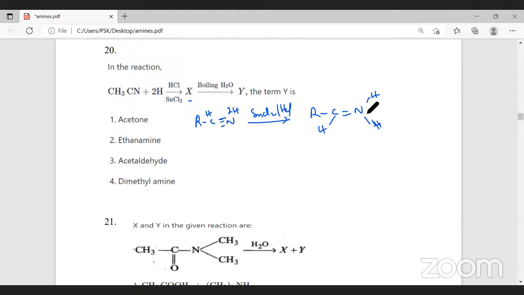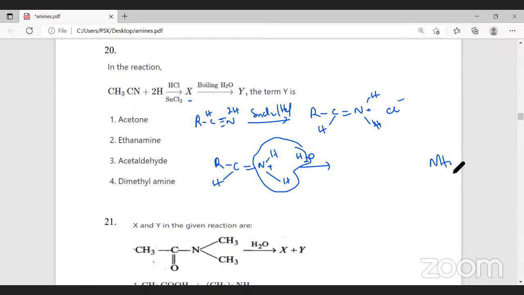This nitrogen will have a positive character, and this is Cl minus. This is a salt. Now, this ion, RCH double bond NH2 plus, when you boil with water, this whole part gets eliminated as ammonium ion, NH4 plus.